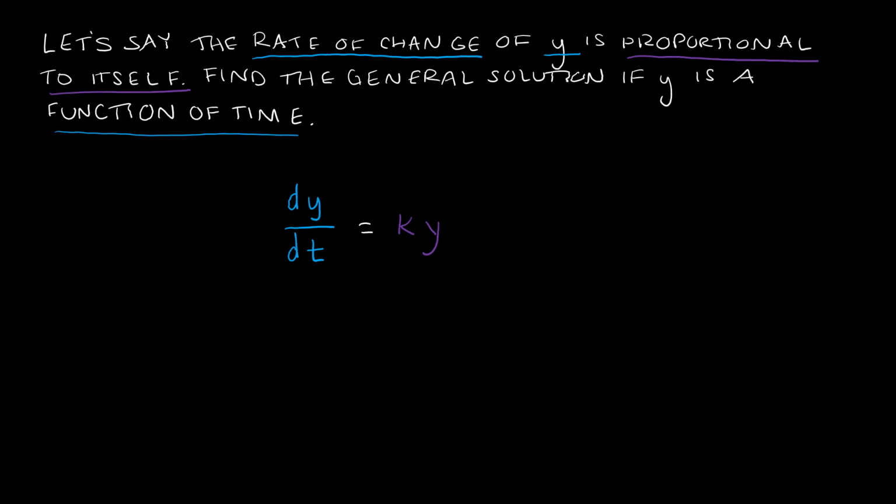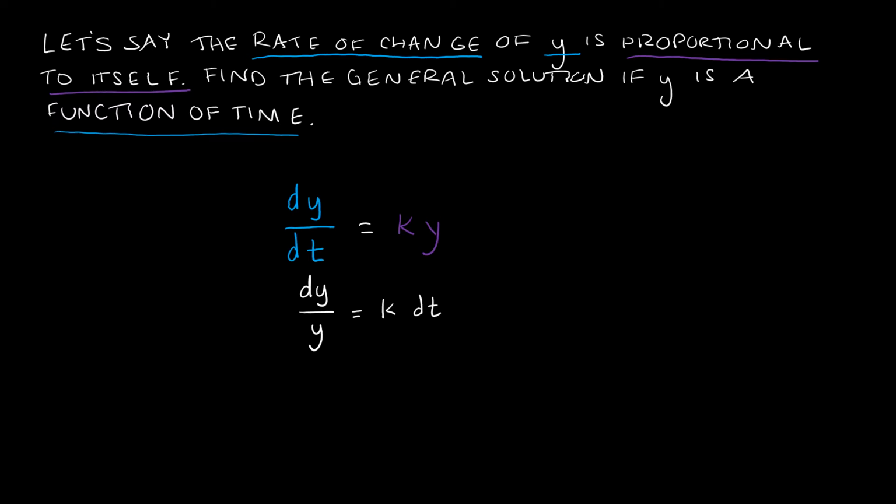So if I divide each side by y, on the left side that gives me dy over y. On the right side, I'm going to end up with k dt. And that's okay, because k isn't a variable, k is some constant. So it's okay that k and t are not the same thing. It just means that obviously that is like a coefficient, essentially.